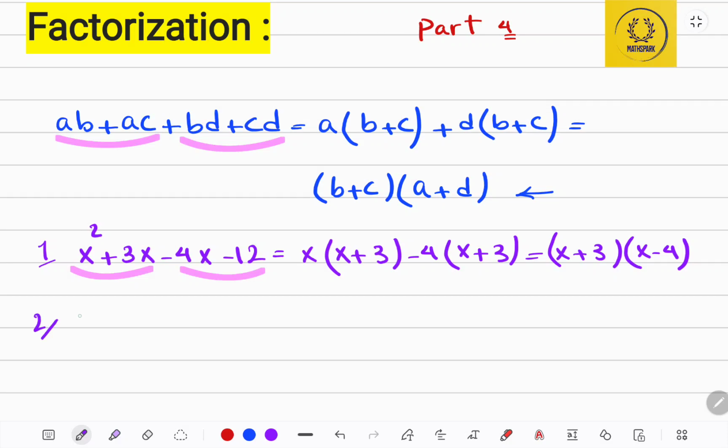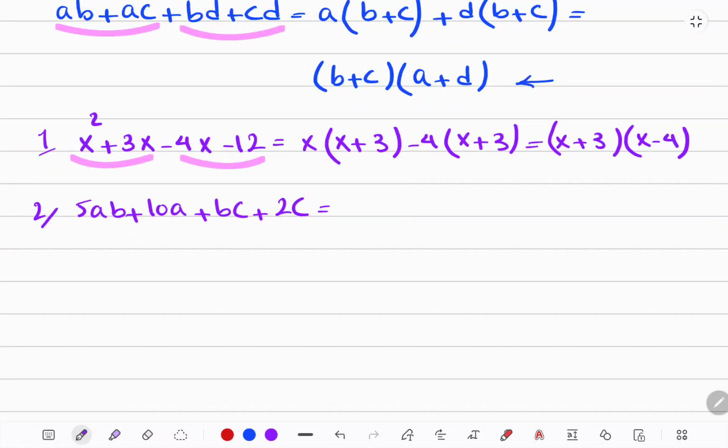We have 5ab plus 10a plus bc plus 2c. Okay. Sometimes you can reorder the terms first.